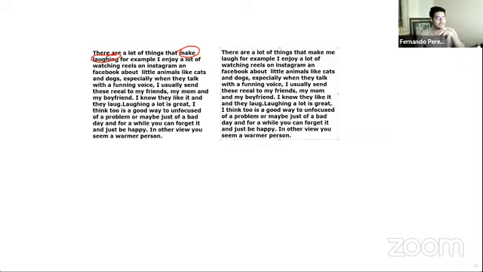Always use a simple verb after. We always use a simple verb after the verb make me. Okay. Separate this with a period. Every time you say, for example, you are opening a new idea.